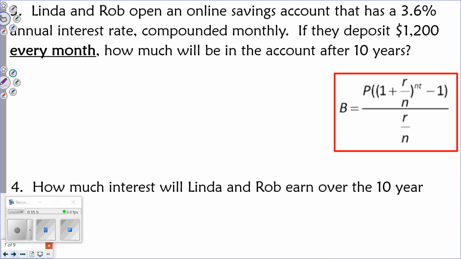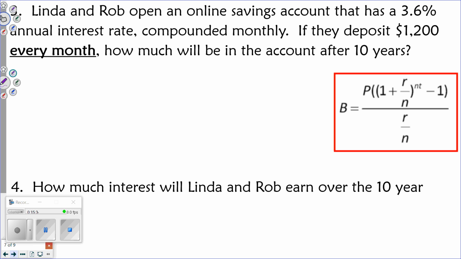All right, number 3. Linda and Rob open an online savings account that has a 3.6% annual interest rate, compounded monthly. If they deposit $1,200 every month, how much will be in the account after 10 years? So again, as we're going through all these different formulas, we need to know how to recognize them.